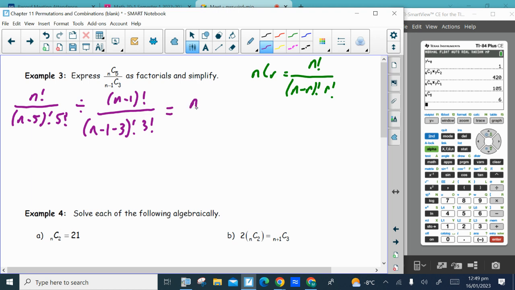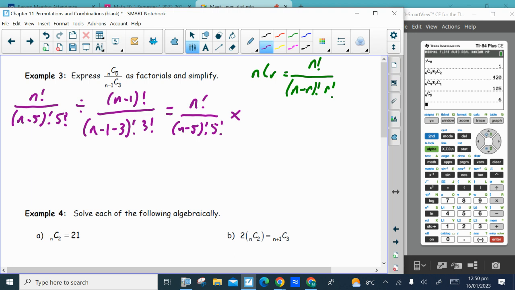So let's just simplify that second term. The first one is n factorial over n minus 5 factorial times 5 factorial. And I'm going to start simplifying this expression by changing the division to multiplying.